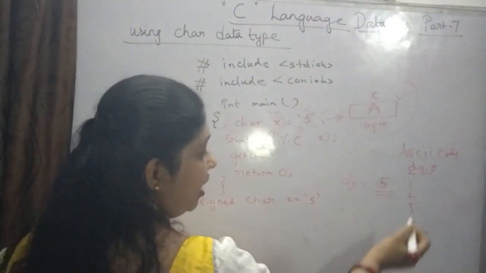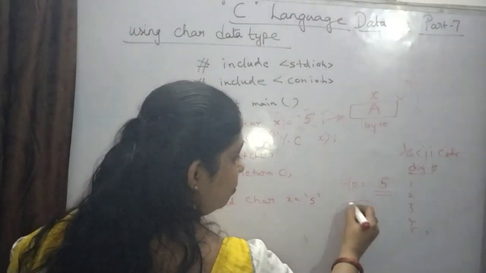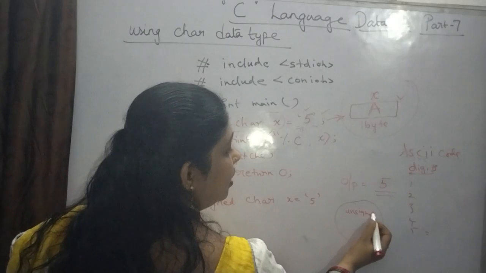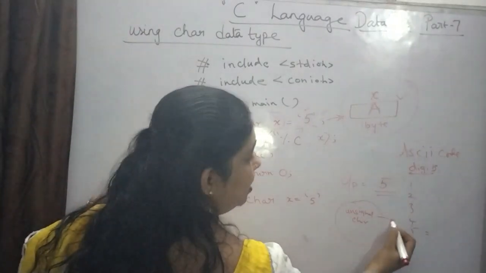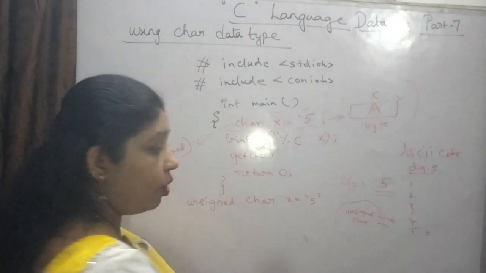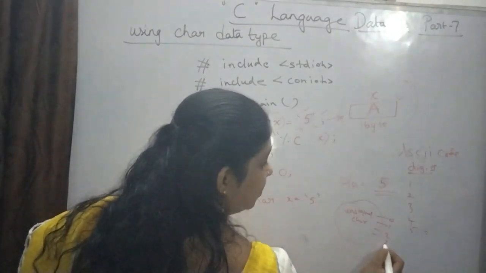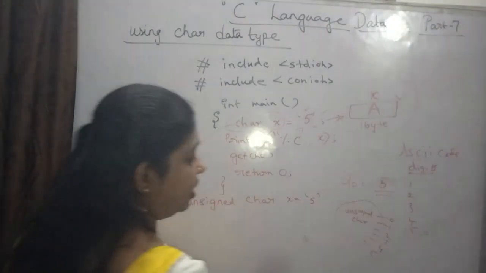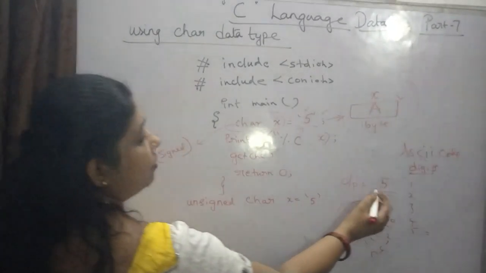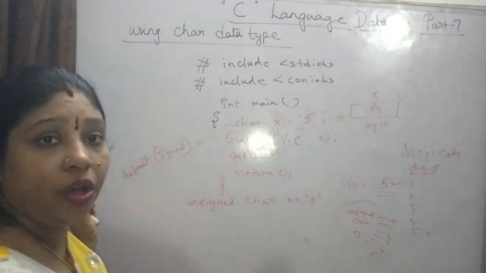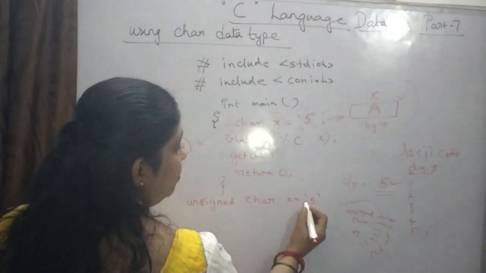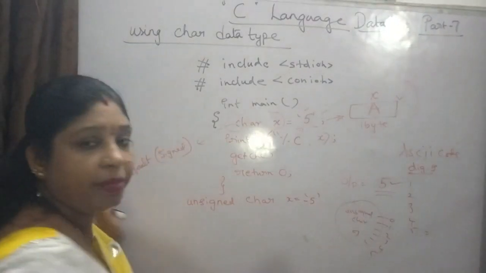I have already given that circle, so it enters into the circle and checks whether this 5 is there or not. 1, 2, 3, 4. So 5 is there. The moment it sees 5 is there, the output it will give is 5. Okay, understood? Or else if you give -5, what happens?